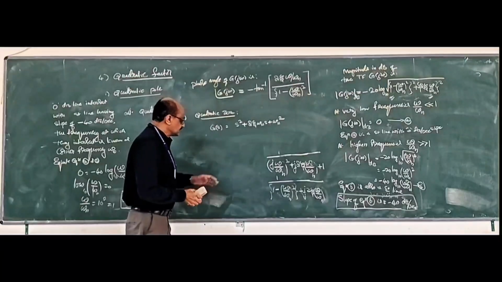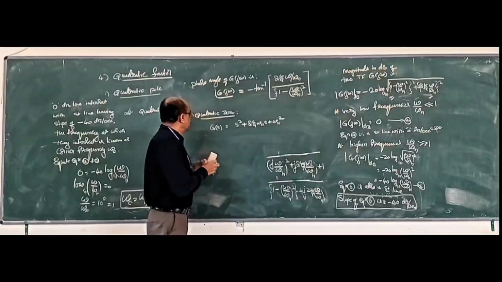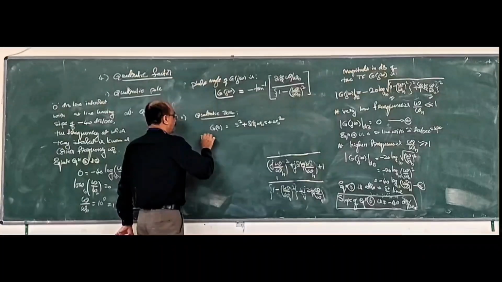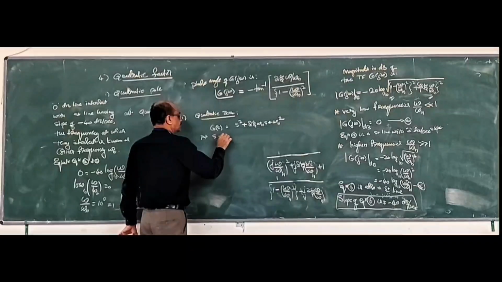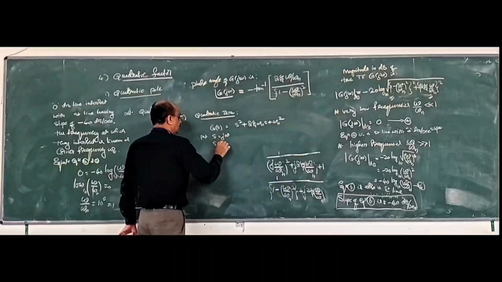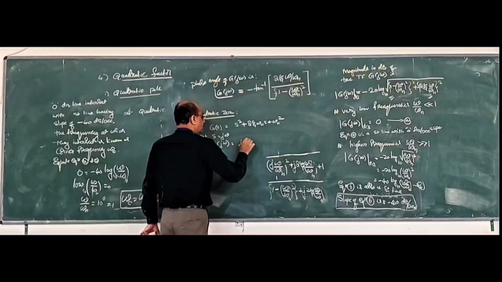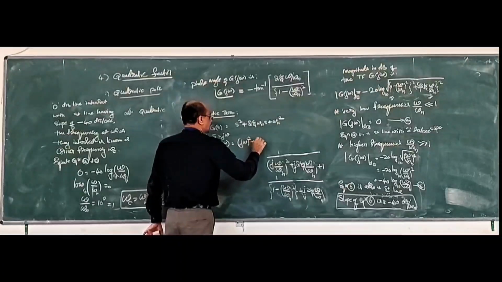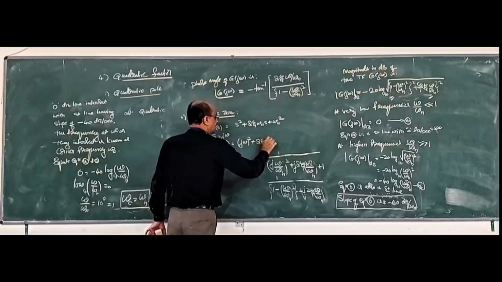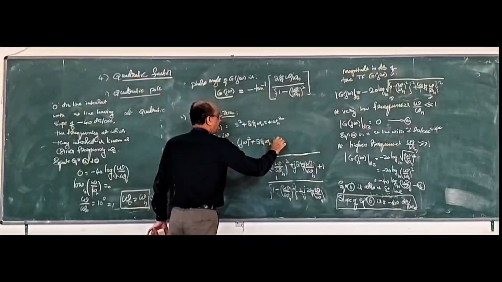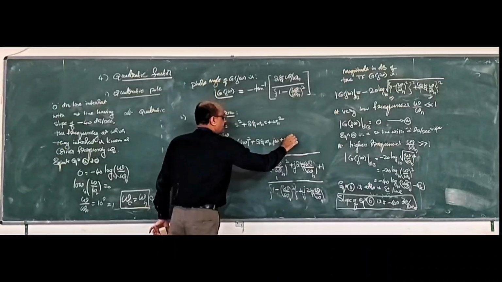You put s equal to j omega, so g of j omega equals j omega square plus 2 zeta omega n j omega plus omega n square.